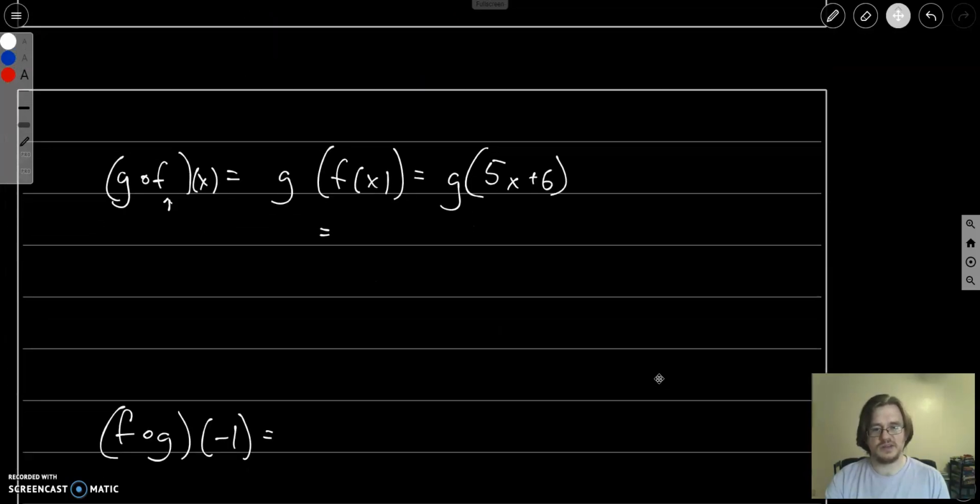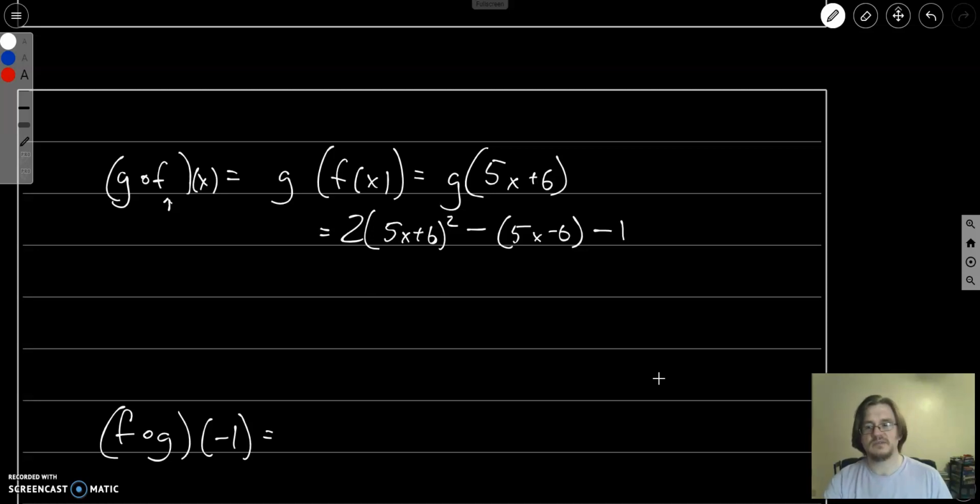This is quite long. So this will be 2 times the input squared, minus the input, minus 1. And then we can simplify. If I FOIL that out, I'll get 25x squared plus 60x plus 36.